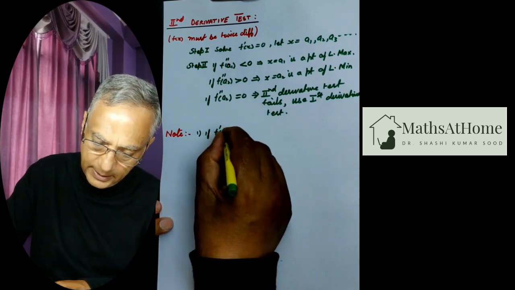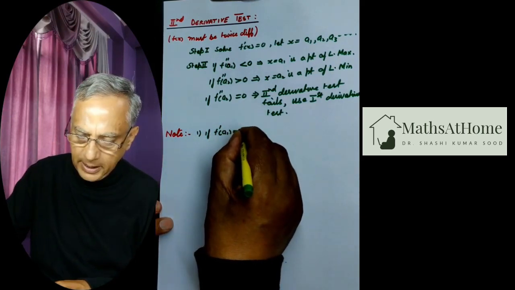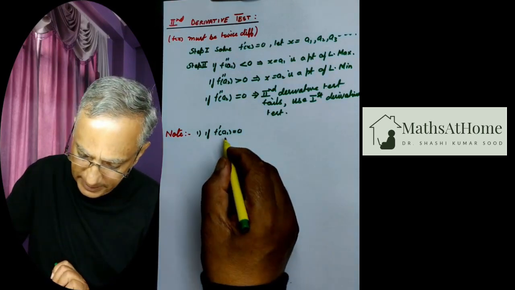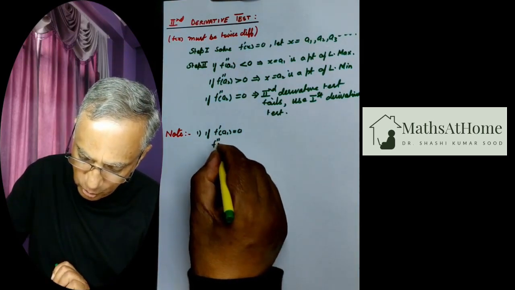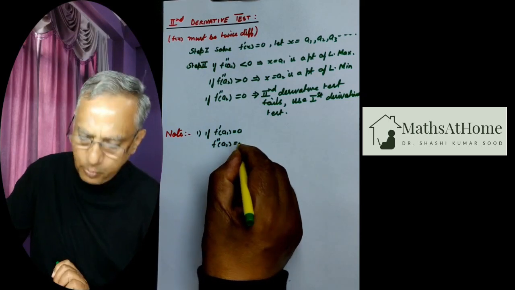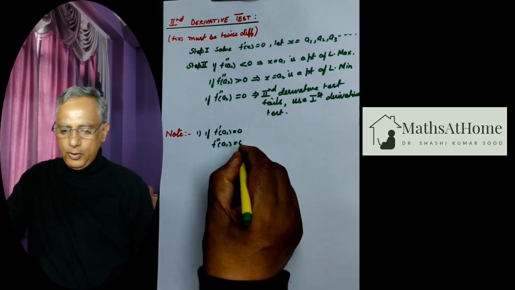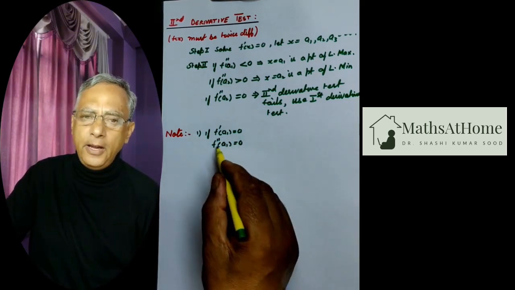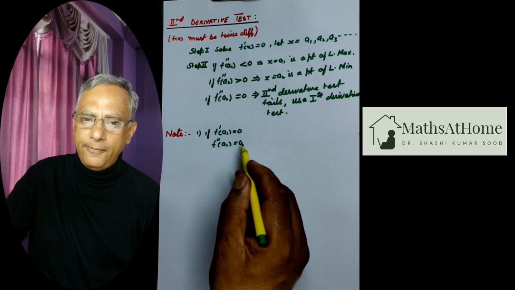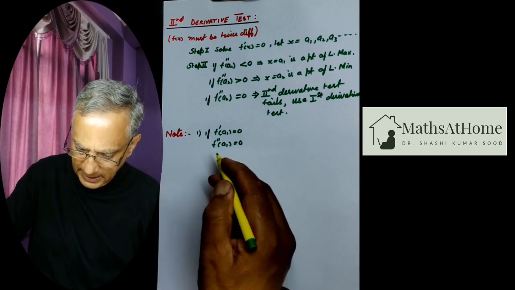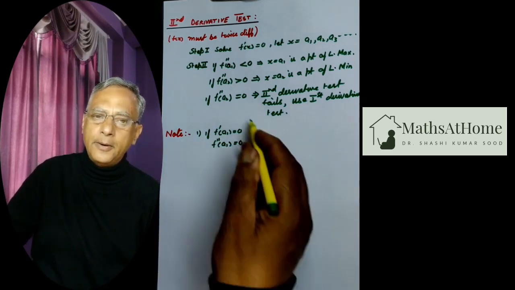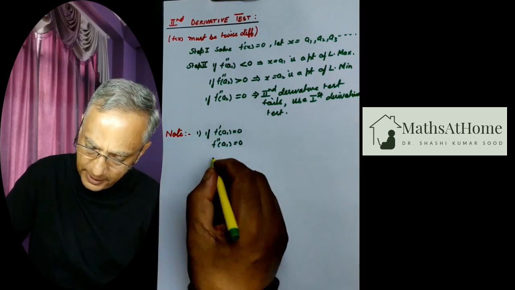If f dash a1 is 0, the first derivative is 0 at a1, and the second derivative is also 0 at this point, we say that the second derivative test fails. There is another method for finding the maximum and minimum. You can find the third derivative.